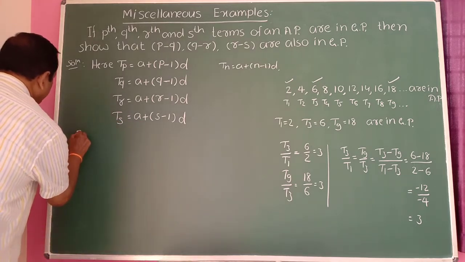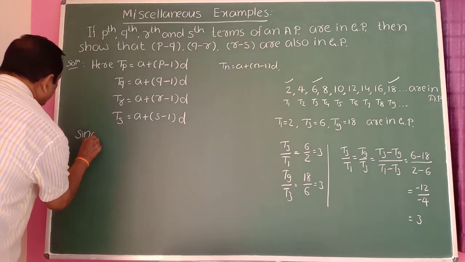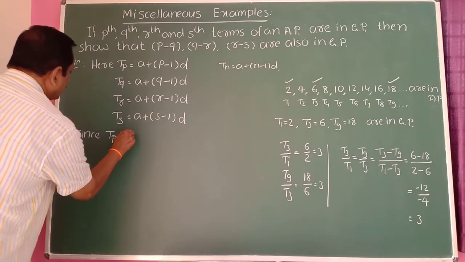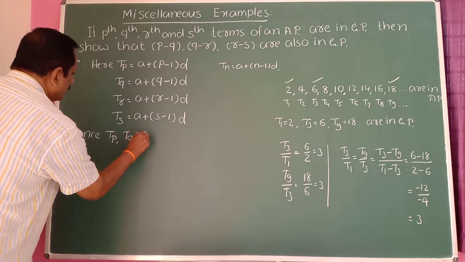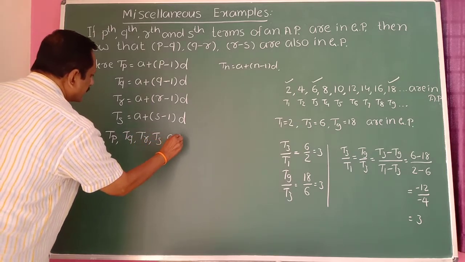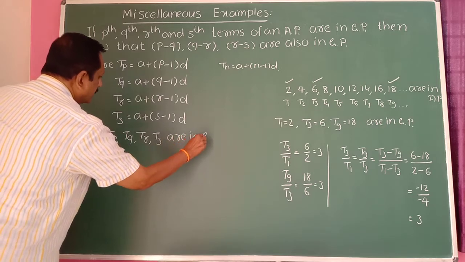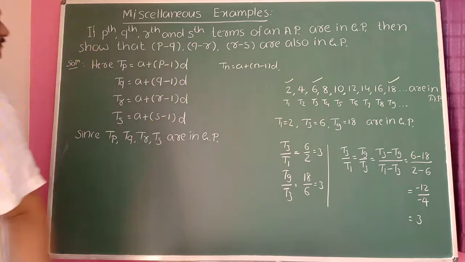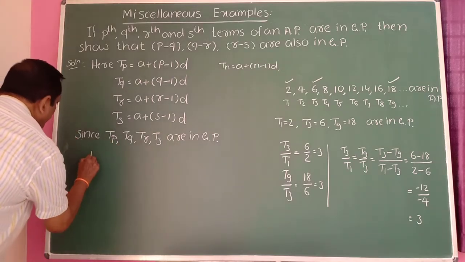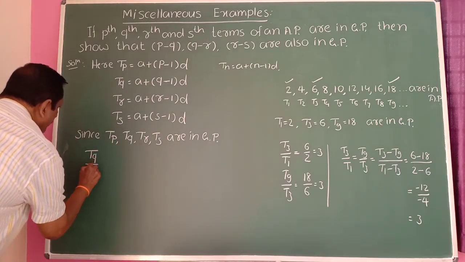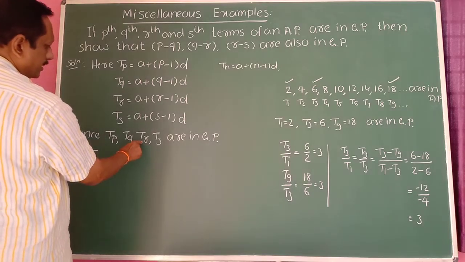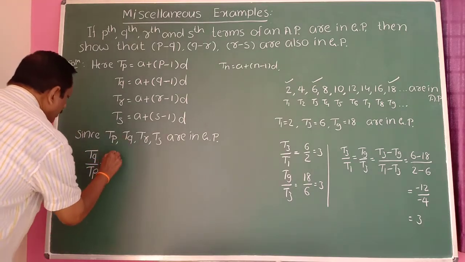Okay. So since Tp, Tq, Tr, Ts are in GP, they are in GP. Therefore, Tq divided by Tp is equal to Tr divided by Tq.